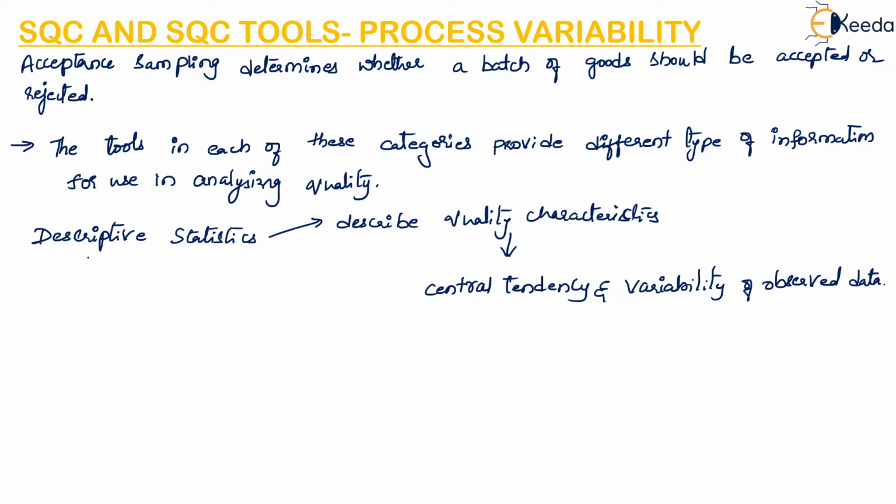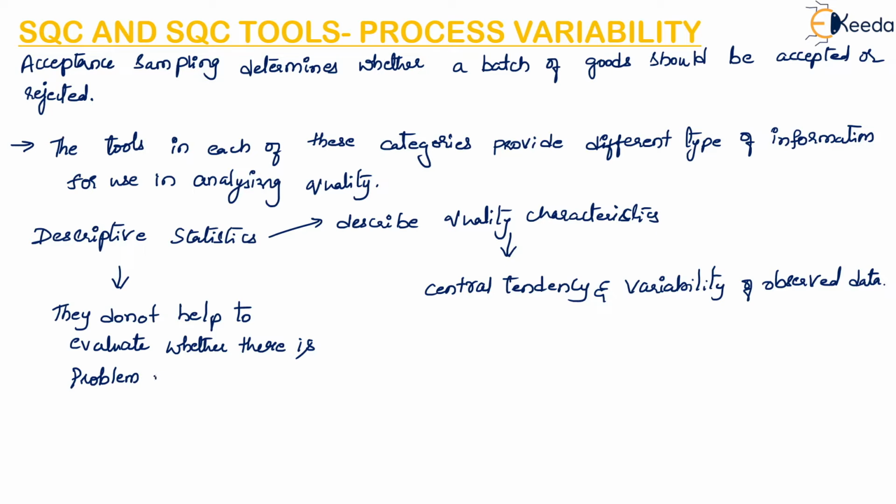So this descriptive statistics may be useful to understand the variability, but they are not enough to help us to evaluate whether there is a problem with quality. So they do not help to evaluate whether there is a problem with quality.